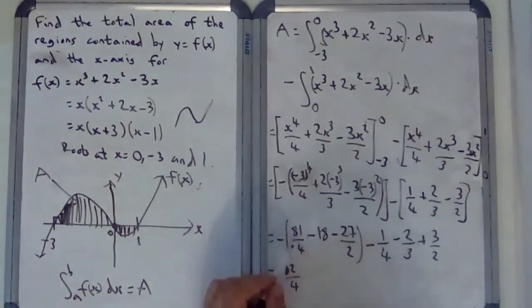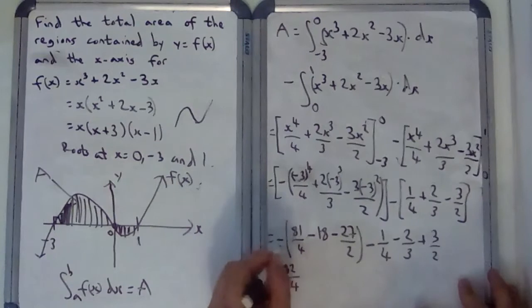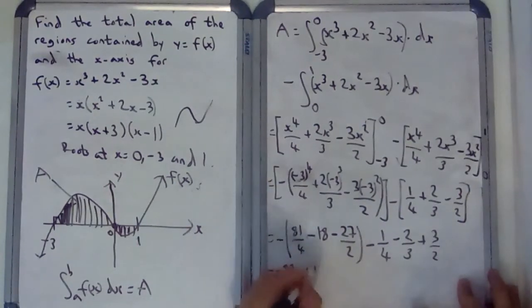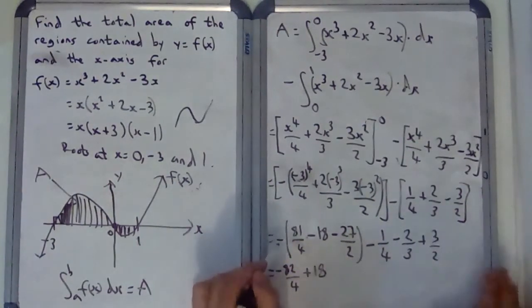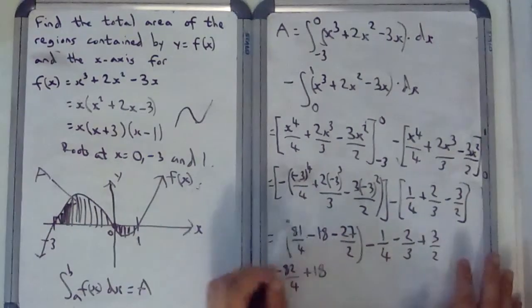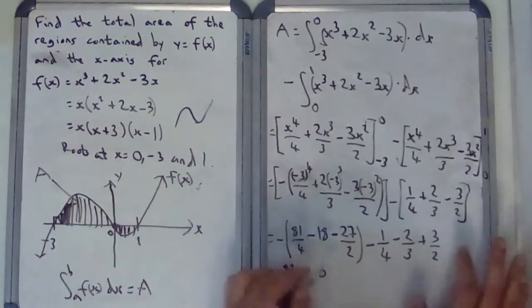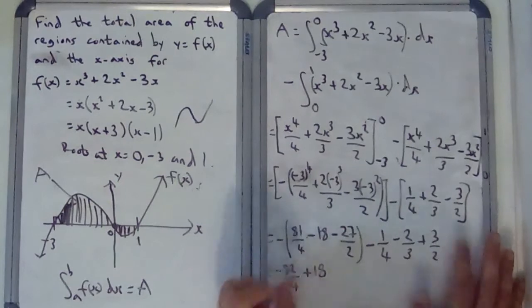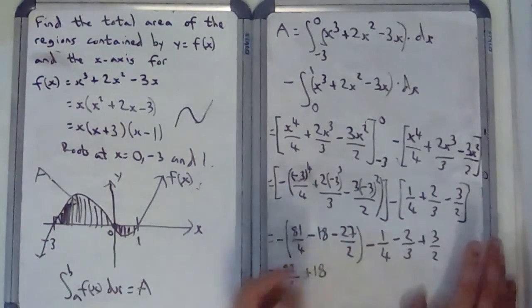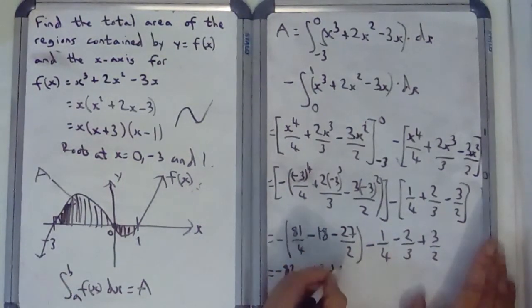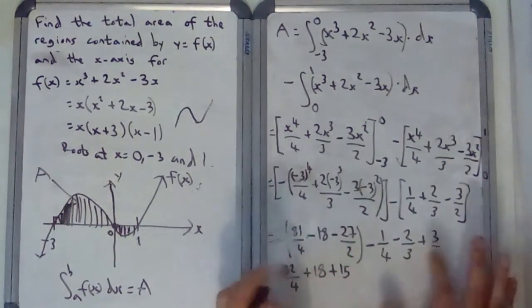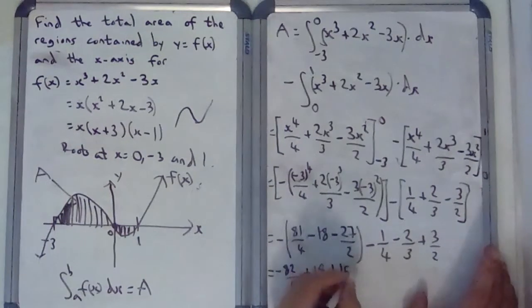And then, I'm just going to write the 18, so minus 18 is plus 18. Then you've got minus 27 over 2, so that's 27 over 2, plus this 3 over 2, so that must be 30 over 2, which is 15, so that's dealt with the halves, and then what we haven't dealt with is this minus 2/3, so minus 2 over 3.